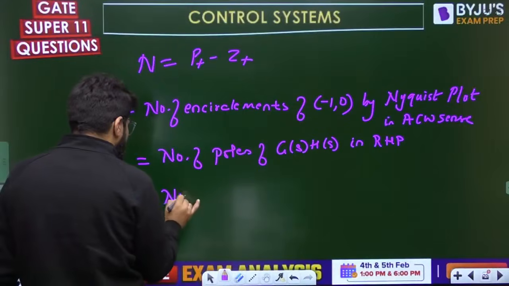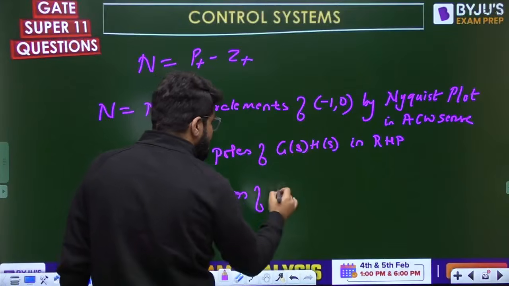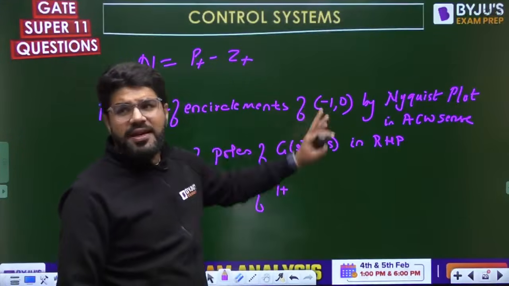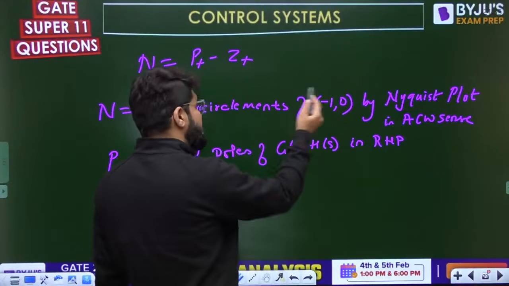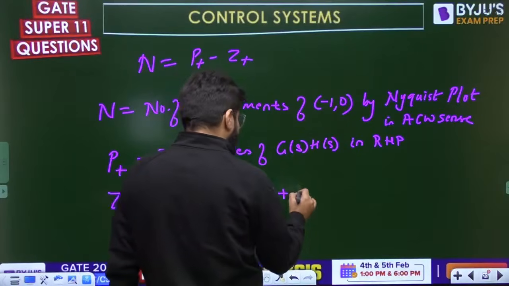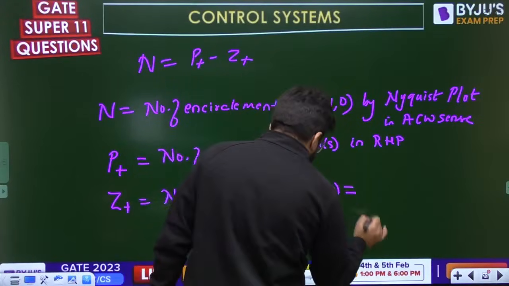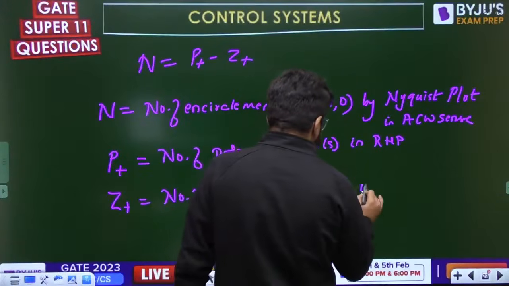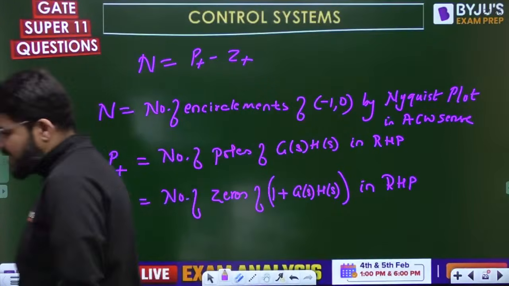That is the number of zeros of G(s)H(s) if you are looking into the encirclement of the actual origin, 0, 0. But here we are looking into encirclement of minus 1 comma 0, so it is the number of zeros of 1 plus G(s)H(s), that is the roots of the characteristic equation lying in the RHP. That is what I need.